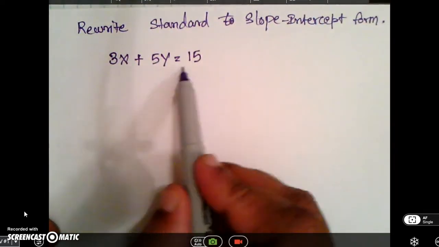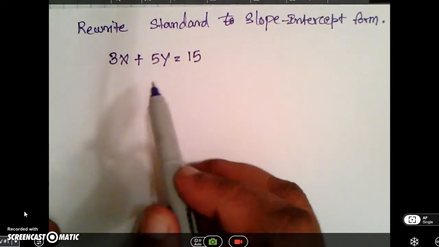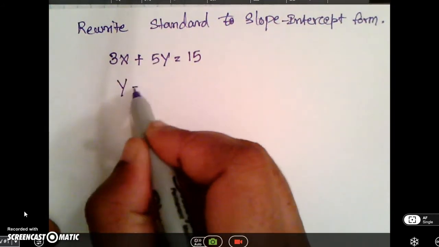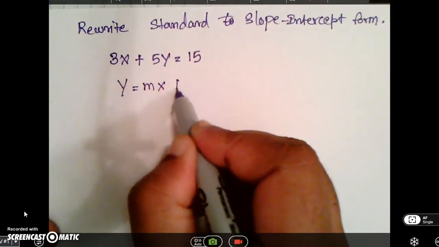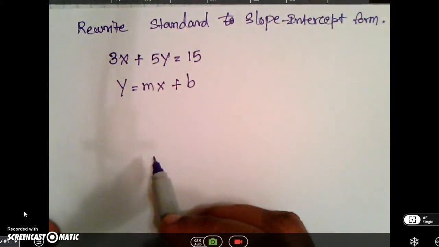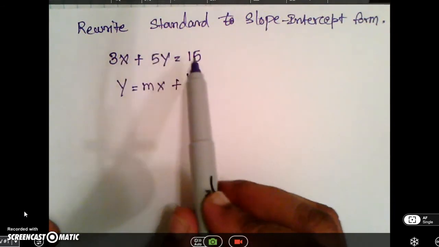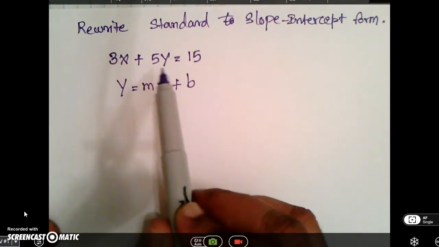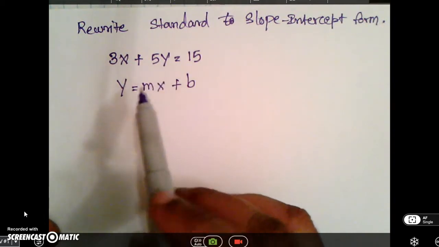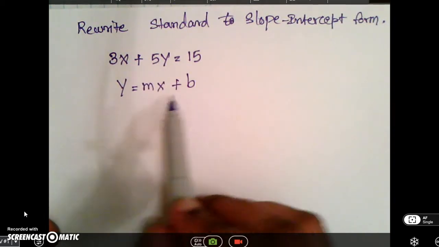So I have my standard form. I want to rewrite this equation as y equal to mx plus b. Alright, so I have the x term. I want to bring it over, and I want to get the y all by itself. So I want to make it look like this.